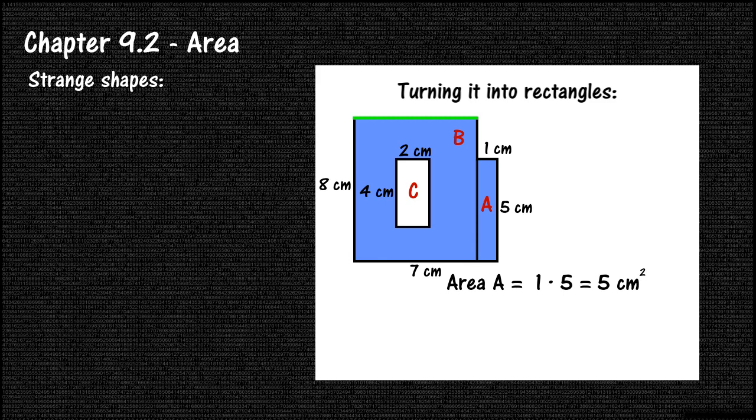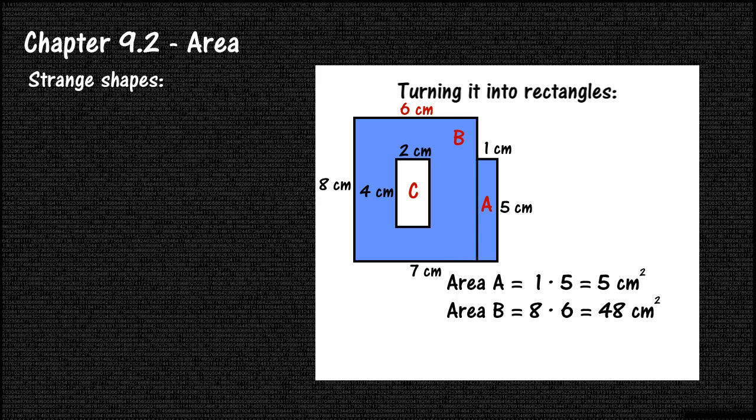You see, this horizontal line is 7 centimeters, and this part of rectangle A is equal to 1 centimeter, meaning that the remaining horizontal line is 6 centimeters. Knowing this, we can calculate the area of rectangle B by multiplying 8 and 6, which gives us 48 square centimeters.